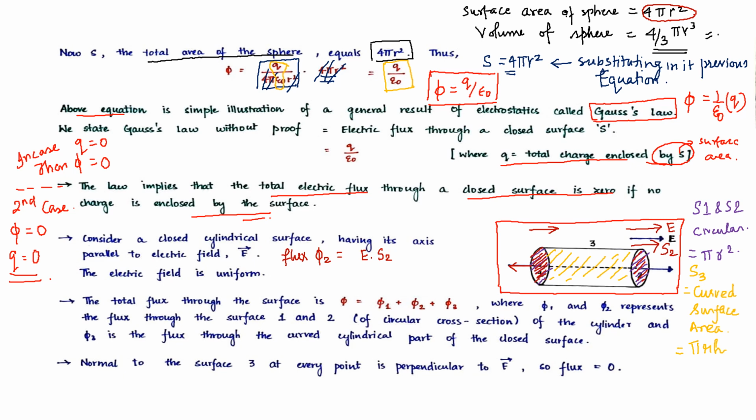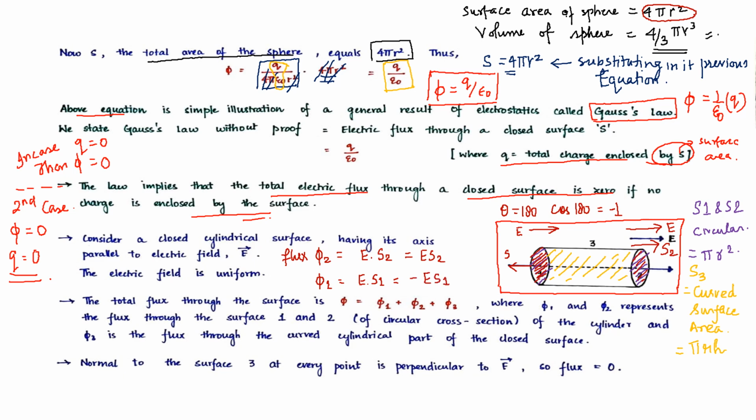When these two are oppositely oriented, the electric field and area are anti-parallel and make an angle of 180 degrees, and therefore we need to find cos 180 degrees, which is -1. So the flux from surface 1 will be E dot S1, which will give us minus ES1.